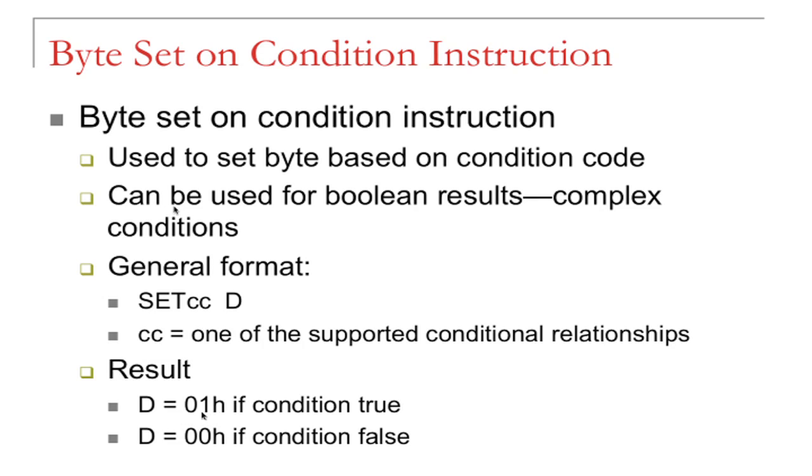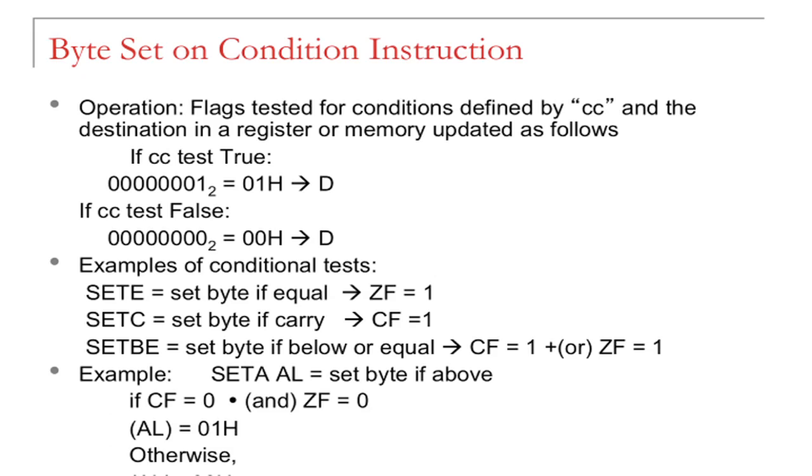I believe this should be FF here. If the condition is true, we're going to set the byte to be all 1s. And if the condition is not true, then we're going to put 0 into the destination operand.